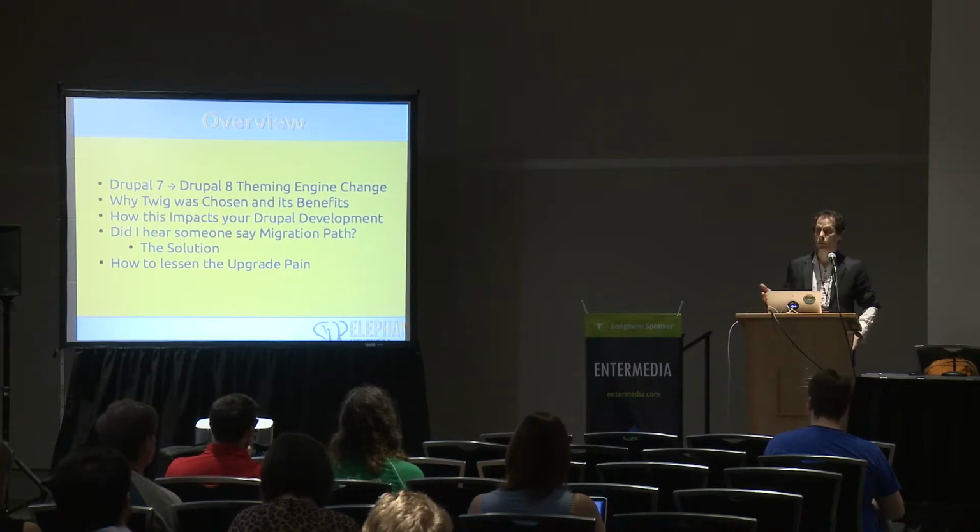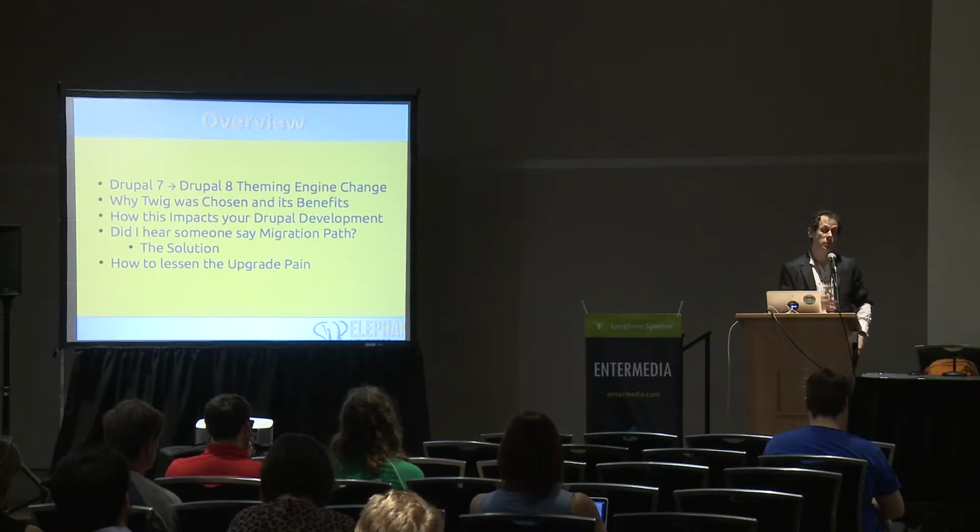We're going to probably look at a migration path if people don't run away screaming. We're going to look at a solution for upgrading your sites, whether it's from Drupal 6 or Drupal 7 to Drupal 8. And we're also going to look at strategies for how you reduce that kind of friction and pain, in a session that is called Twigify Drupal.